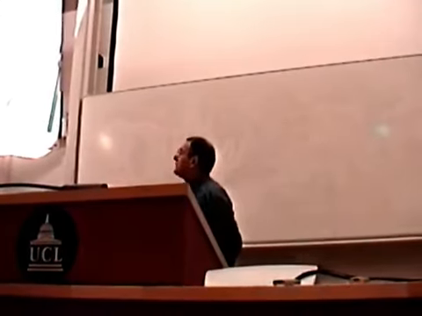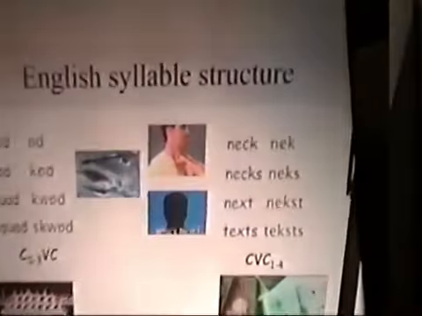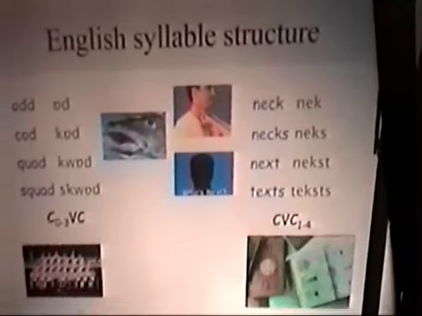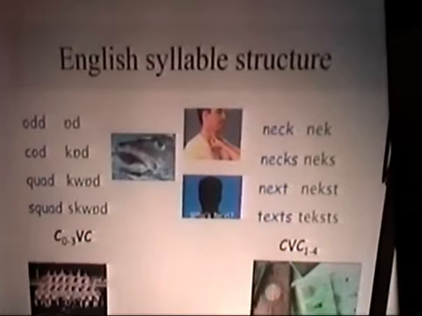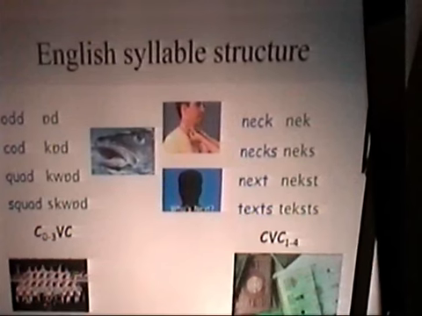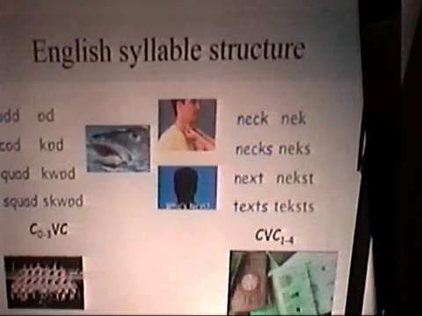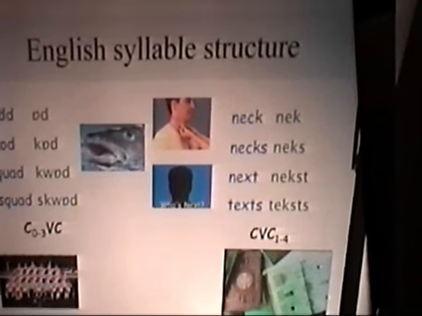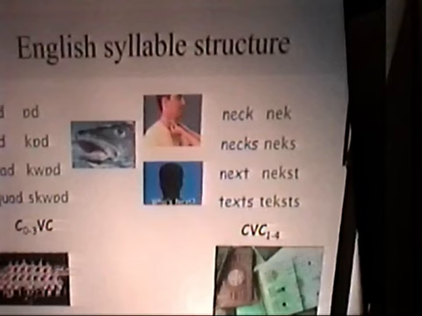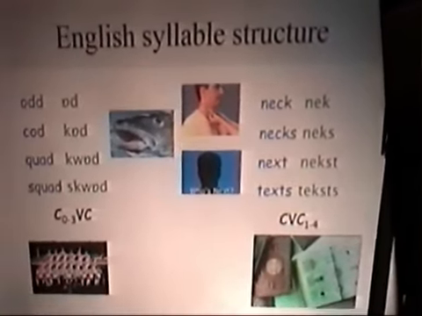Clusters: if we consider the set of words displayed there, odd, cod, pod, squad, you can see increasing numbers of initial consonants, consonants at the beginning of that syllable, that word, as we go from 0 consonants at the beginning of odd, 1 consonant in cod, 2 consonants in quad, and 3 consonants in squad, represented formulaically by C with 0 to 3, then V for the vowel, and then C for the final consonant.